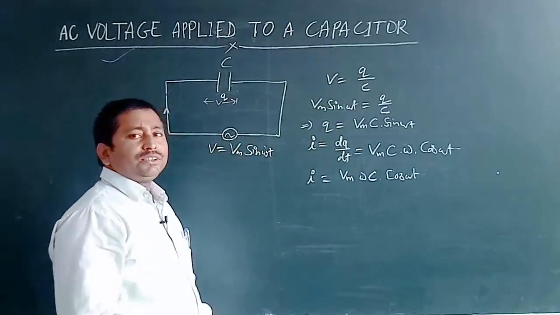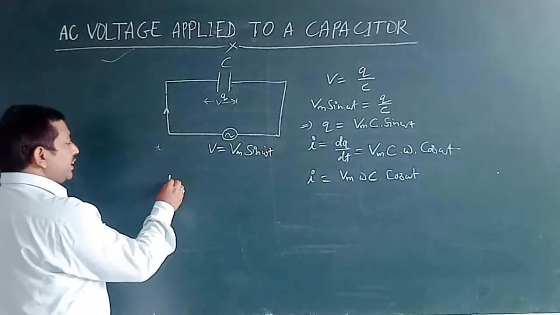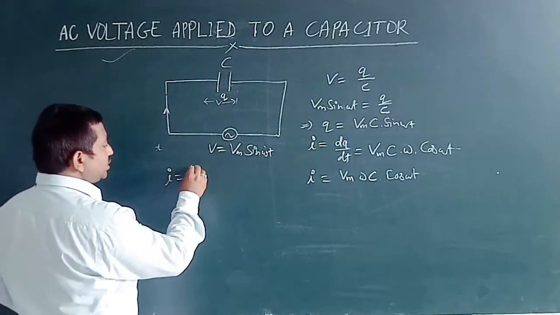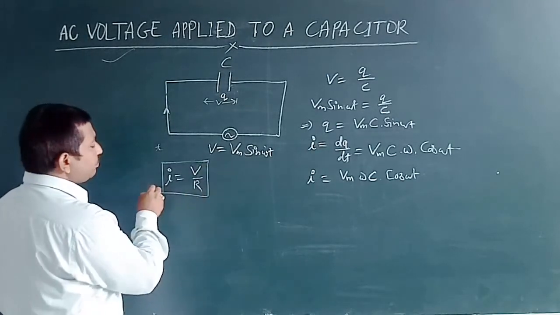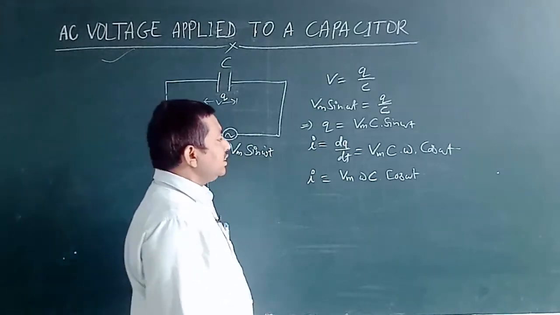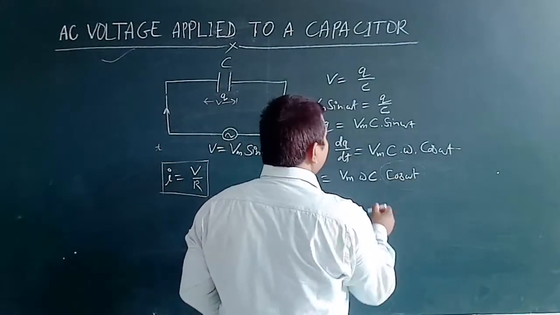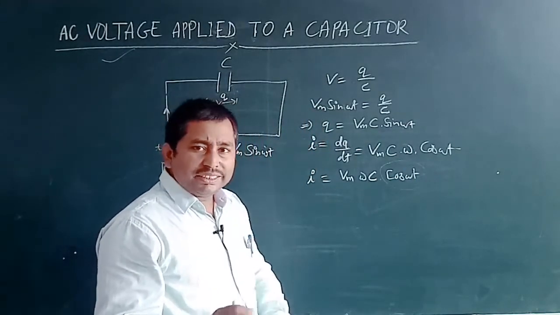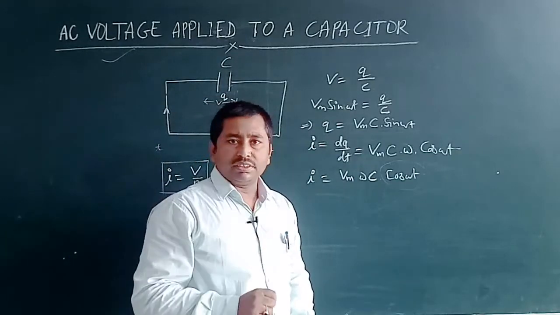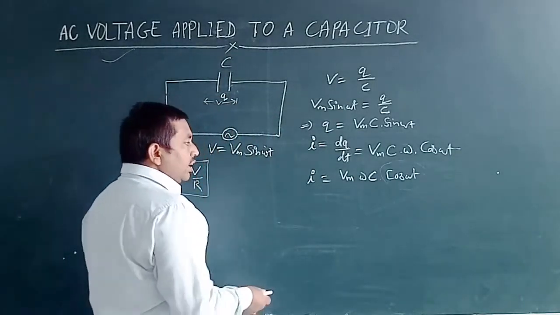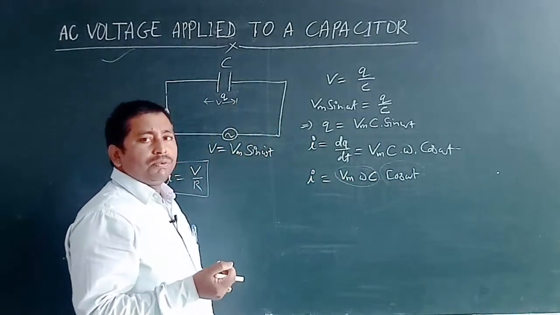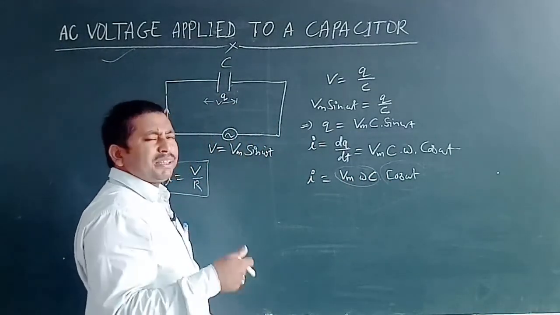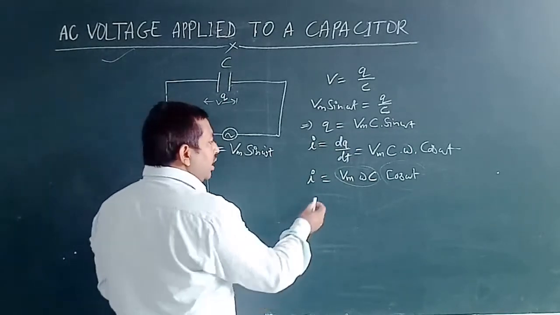As we know, according to Ohm's law, the current can be expressed as the ratio of the potential to the resistance. So here we see that this is a particular constant quantity, and it should have some unit or dimension.